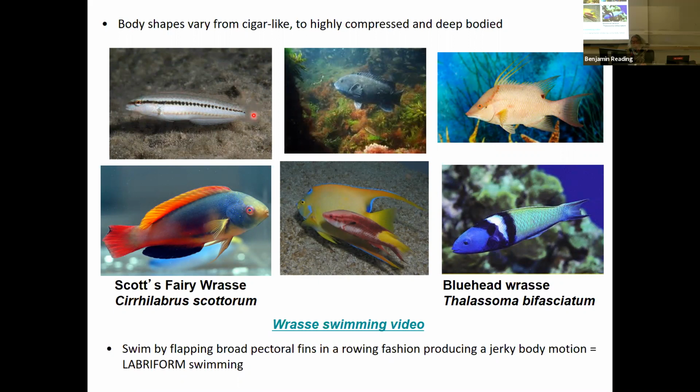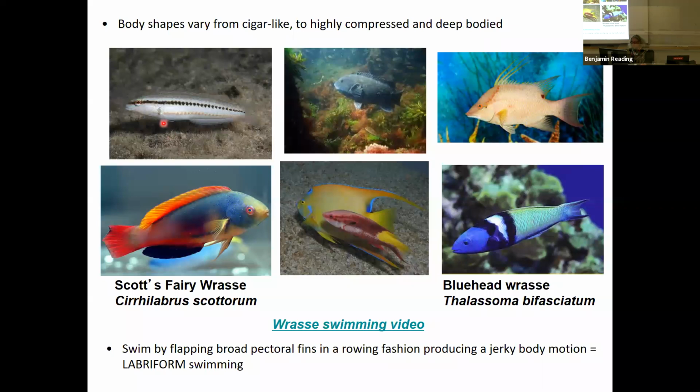Like the slippery Ds, or the blue-headed wrasse is probably the most famous there. This is a very popular aquarium fish, the blue-headed wrasse, Thalassoma bifasciatum. The Scott's fairy wrasse, again, a lot of times very brilliant color patterns among the wrasses.